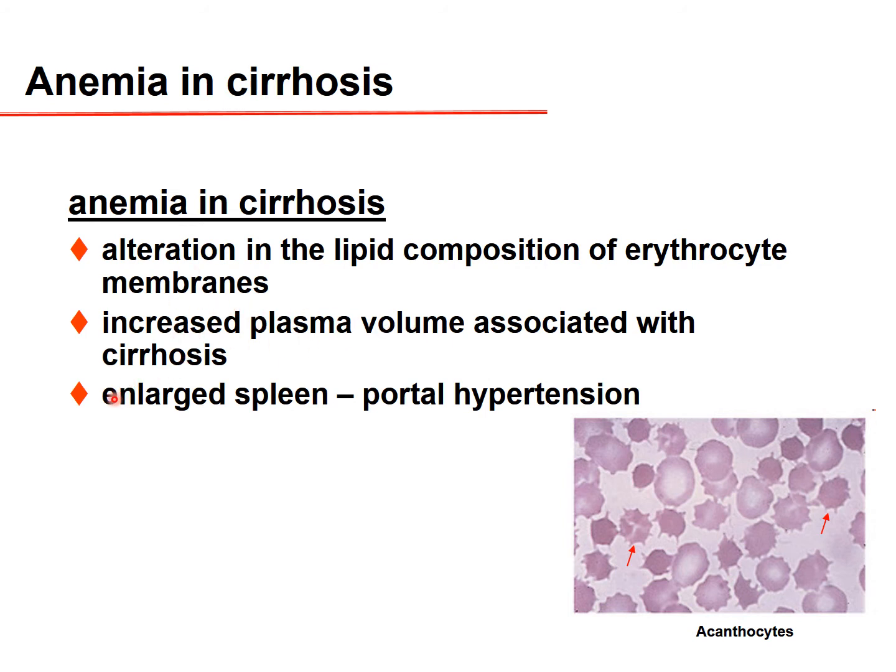Or another problem is splenomegaly due to portal hypertension, which can decrease not only the platelet count but the red blood cell count as well. Here in this graph, you can see the arrows pointing at red blood cells with little spikes when the membrane lipid layer is altered. These are called acanthocytes. That's very typical for cirrhosis.